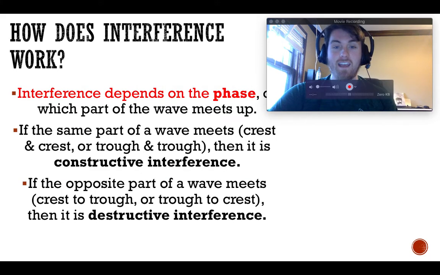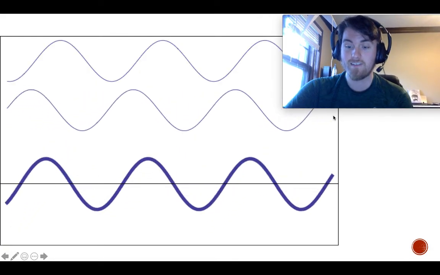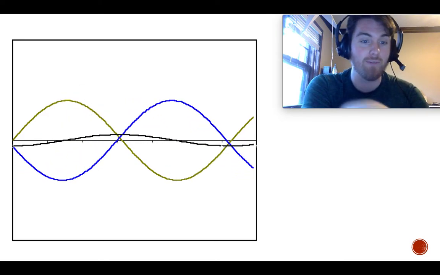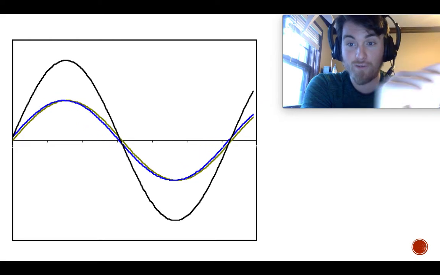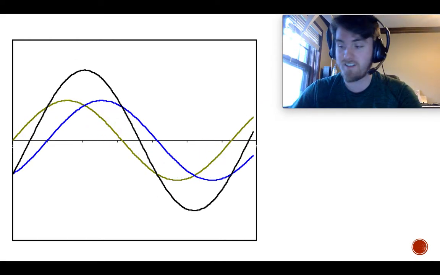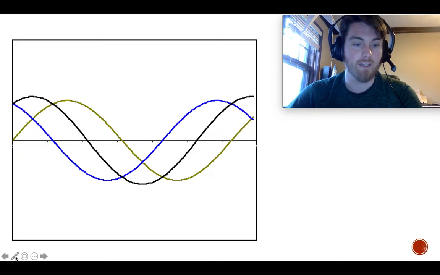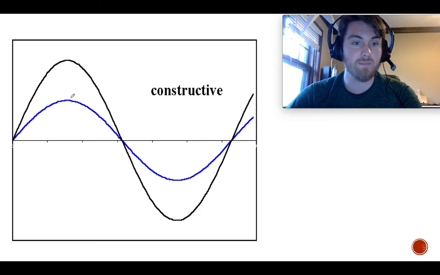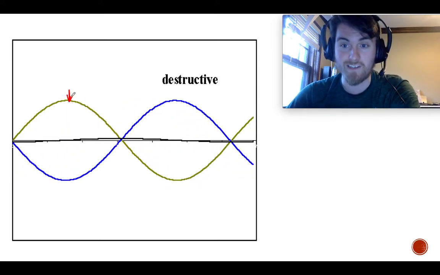So interference always just depends on the phase. Specifically, if I want constructive interference, whenever a crest and another crest meet, right here, this creates constructive interference.